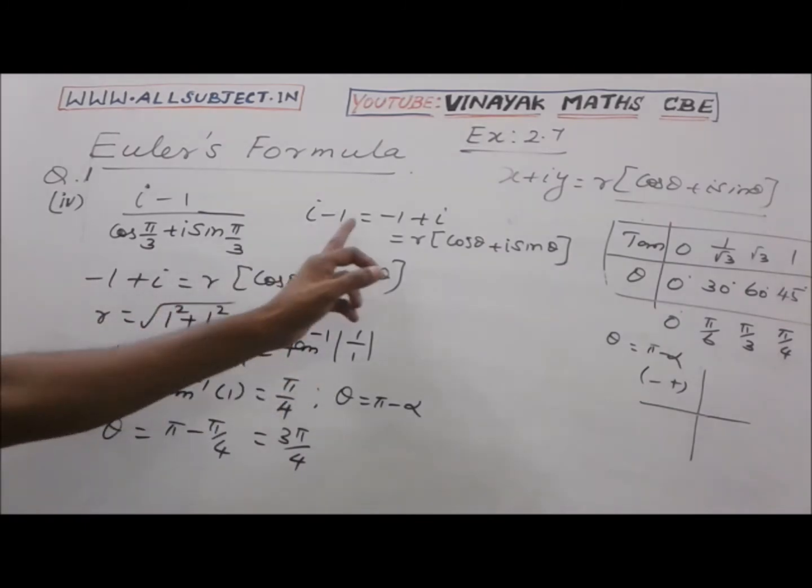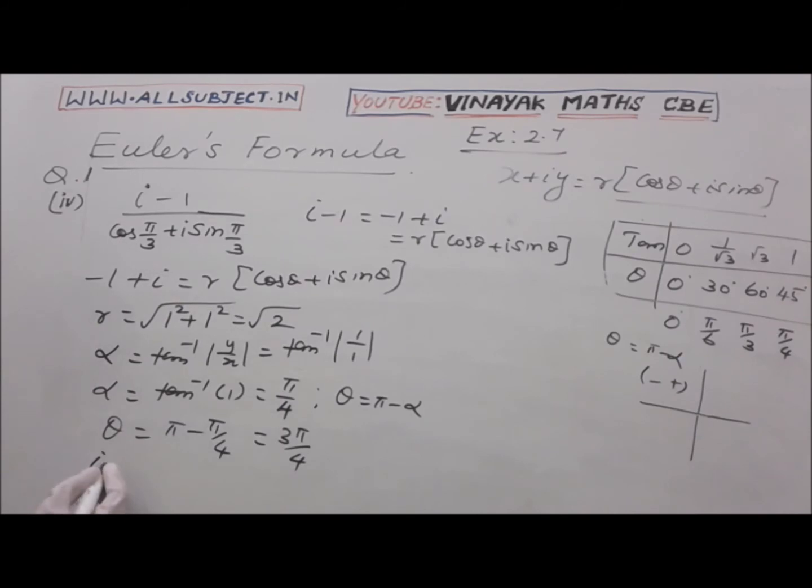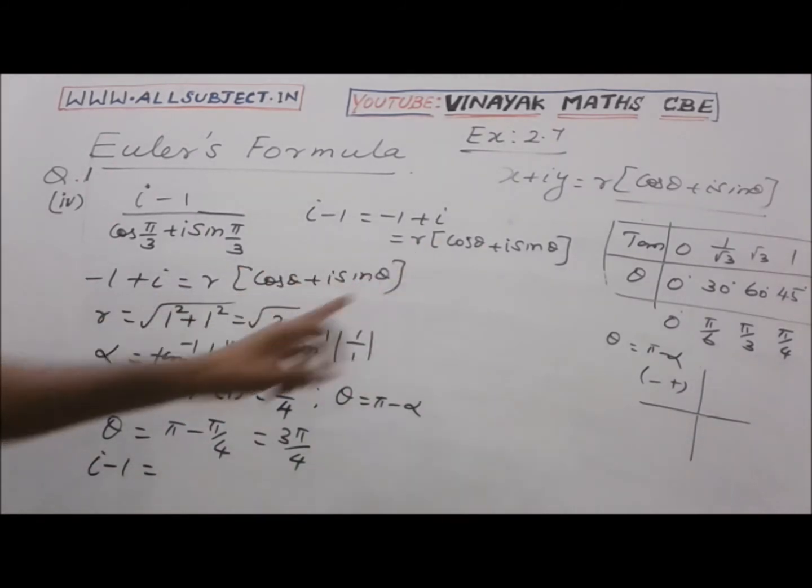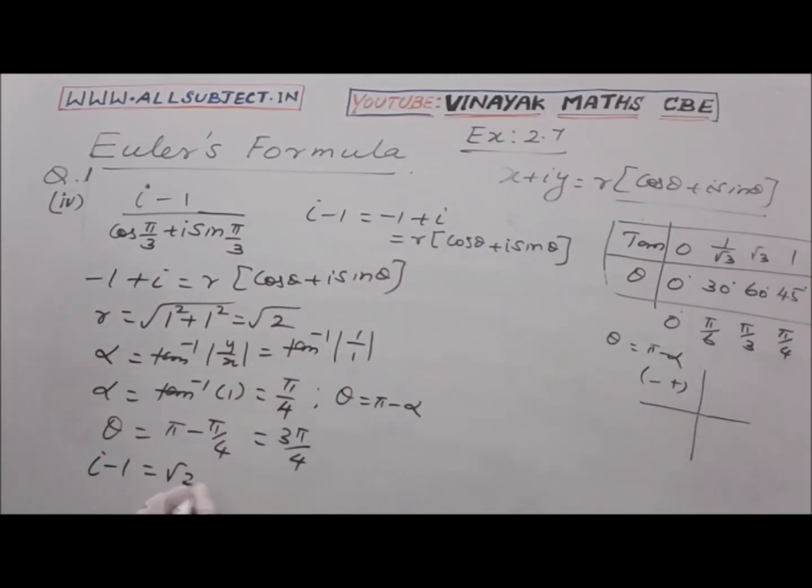Now applying in the polar form, i minus 1 equals r, which is root 2, into cos 3 pi by 4 plus i into sin 3 pi by 4. Now we have written i minus 1 in polar form. Now we can substitute this in the given problem.